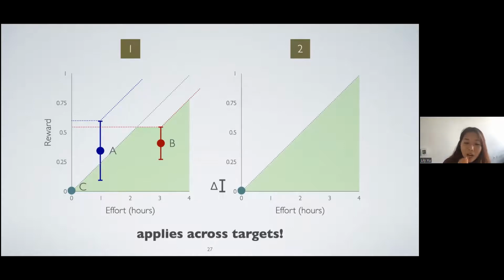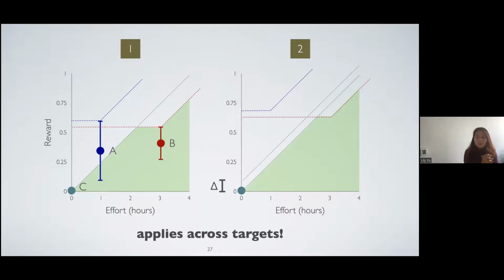But if we bring our Lipschitz continuity assumption and then quantify the difference between targets 1 and 2, let's say that if we're just looking at the elevation between these two targets and it differs by some amount delta, like it differs by 100 meters, for example, then that combined with our Lipschitz continuity assumption enables us to transfer our reward estimates across targets as well, based on their similarities, which enables us to further prune our uncertainty space.